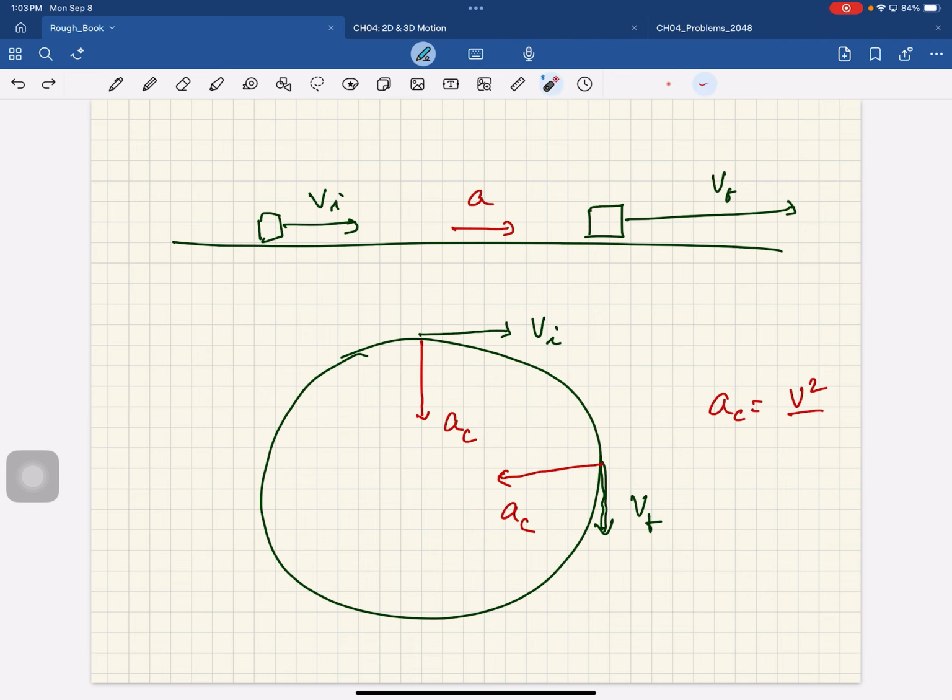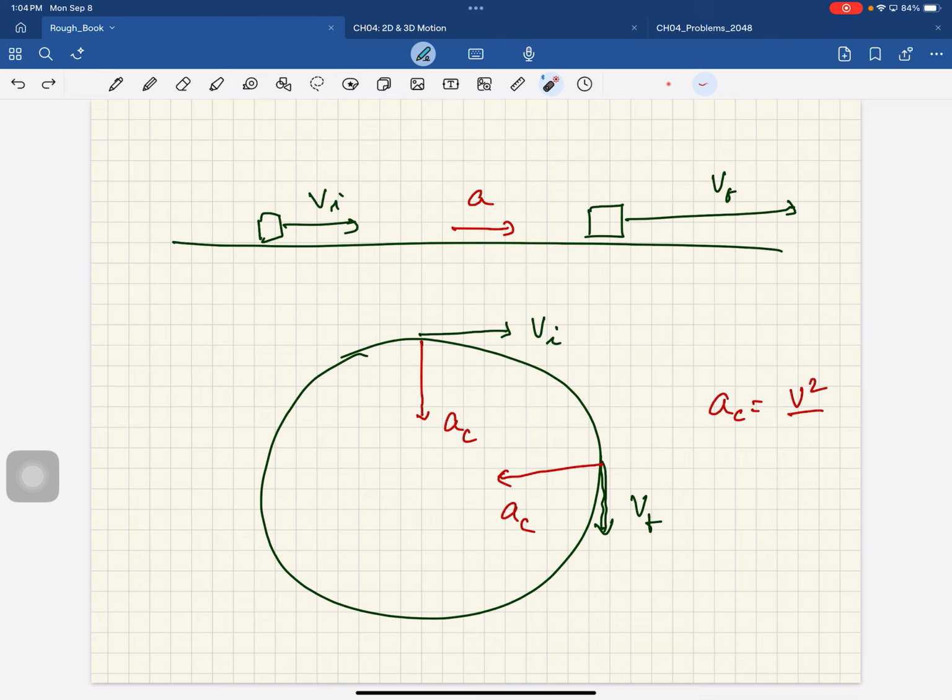All right, so here's the deal. When the magnitude of the velocity changes, the acceleration is tangent to the path. So if your speed is changing, you have an acceleration that is tangent to the path. I'm throwing a lot of information at you.